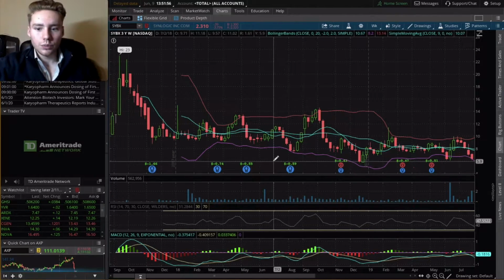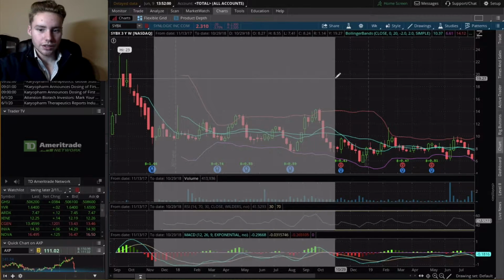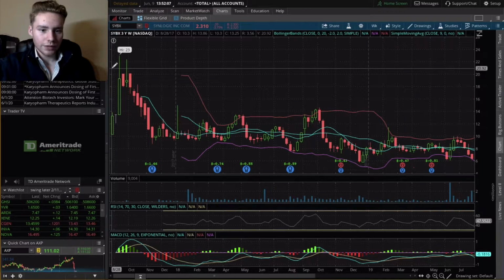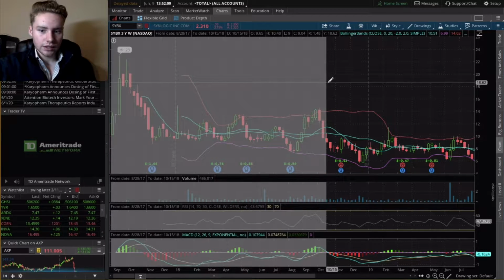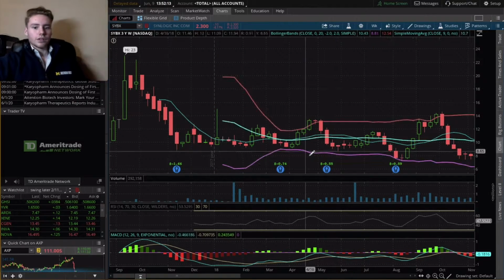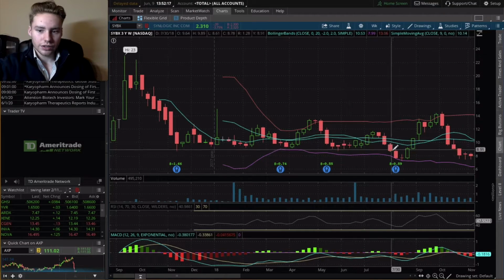So what can we see here? Well, looking in terms of the price action up until through this point, what I was seeing was this swing trade opportunity, right along here.